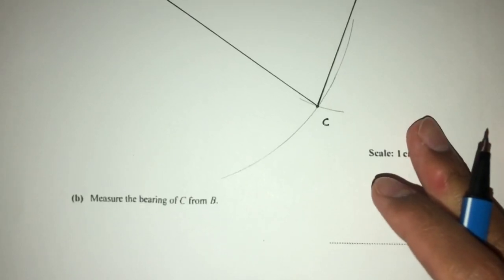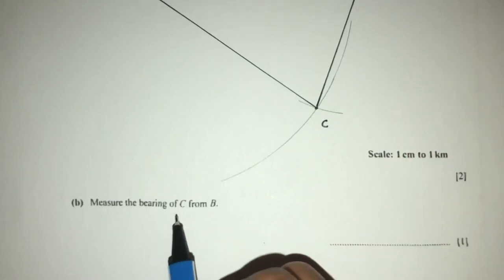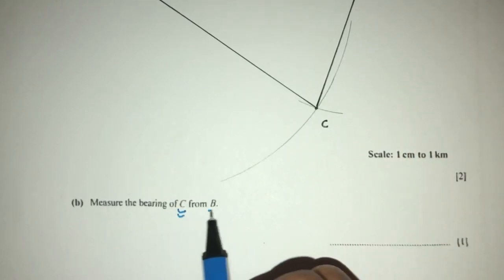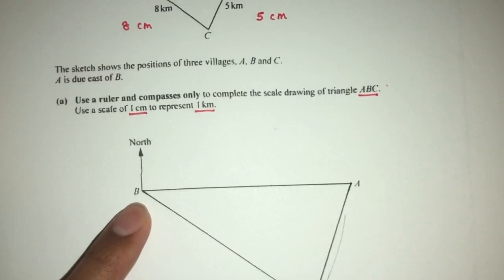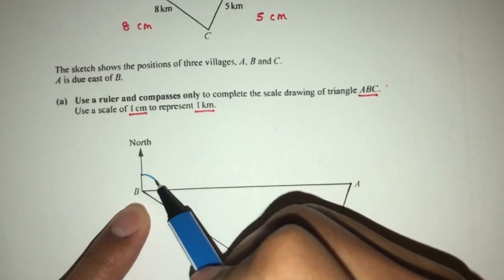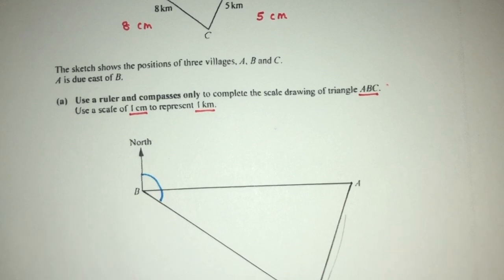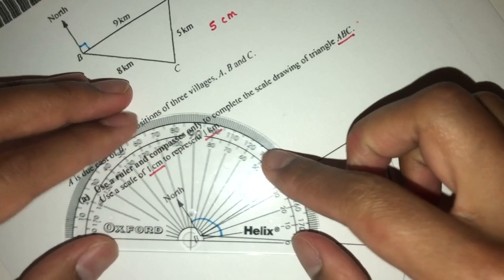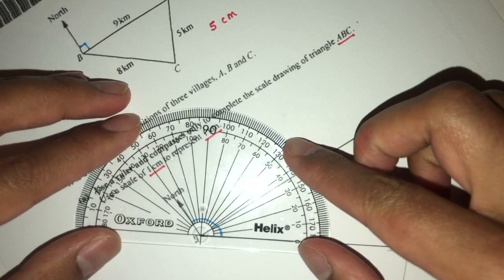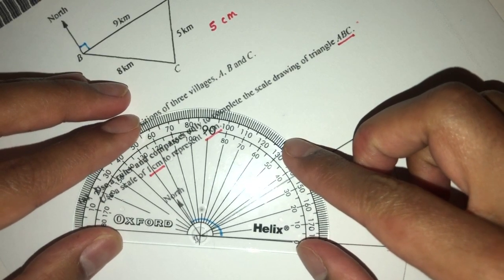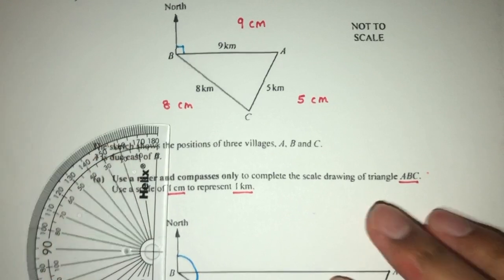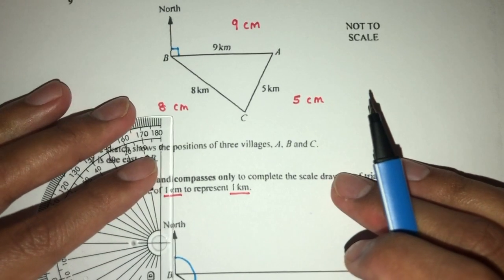Now for part B, we have to measure the bearing of C from B. From the point B, we have to find this angle going to C. So we don't have to calculate, we have to measure. So we use the point B as a center, and then let's see the value of this angle. Let me continue this line as well so we can read this correctly.